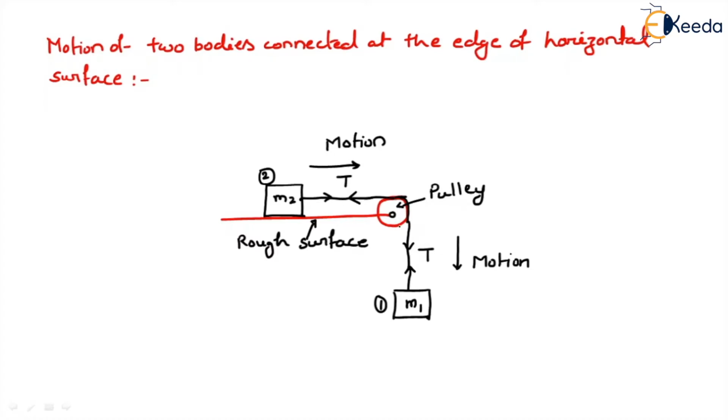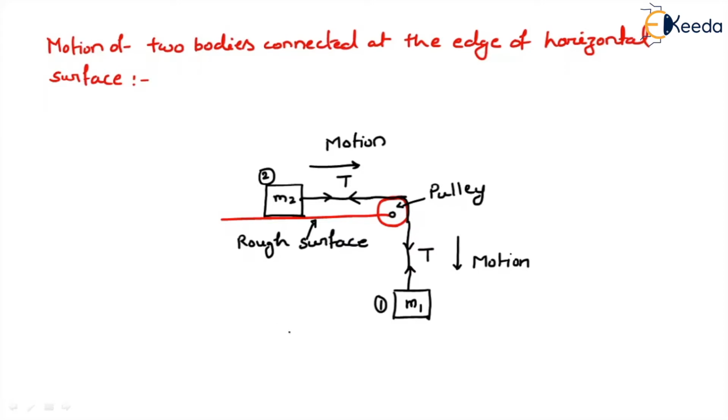This is the actual position of the string, the perpendicular position. This string is inextensible and it is passing over the pulley, and we are considering no friction between the pulley and the string.